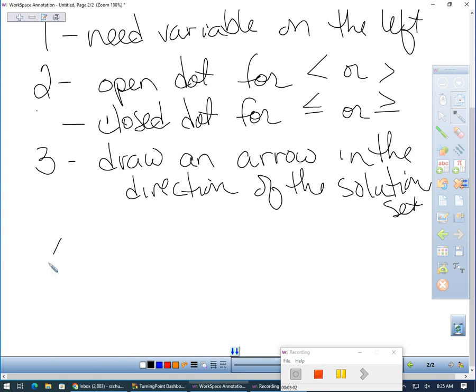If I have x is less than 4, on my number line I'm going to ask you to have a dot at 4. This is a less than, so it is an open dot. Then we're going to draw an arrow in the direction of the solution set. Now it says x is less than 4, so it is everything in this direction. Now you'll notice your arrowhead is exactly the same as your inequality sign.